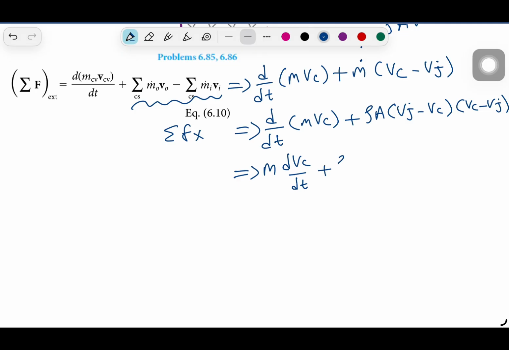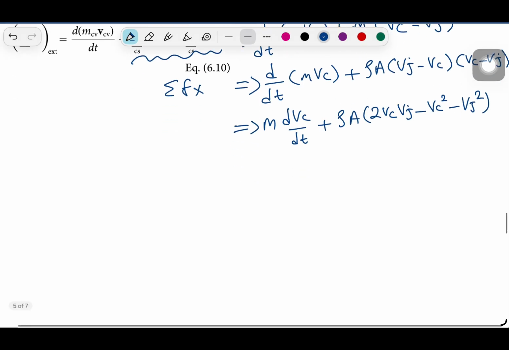So here we have rho A Vj minus Vc, times Vc minus Vj, square minus Vj square. And since we are trying to provide equilibrium, this is 0.